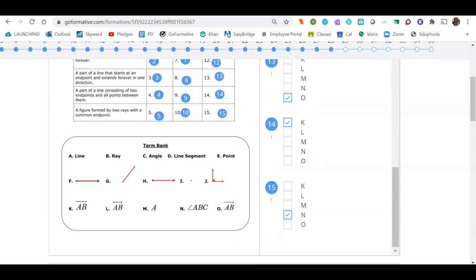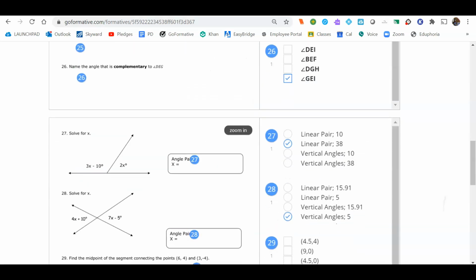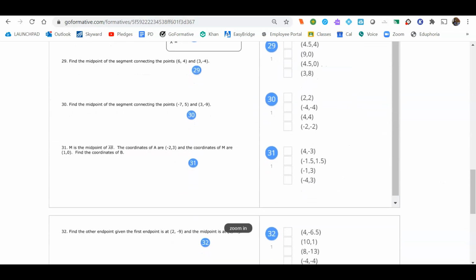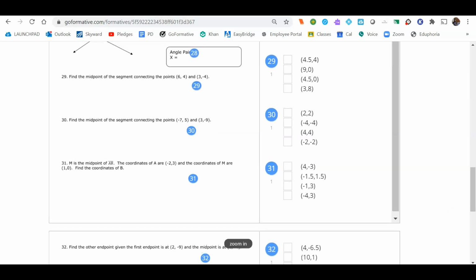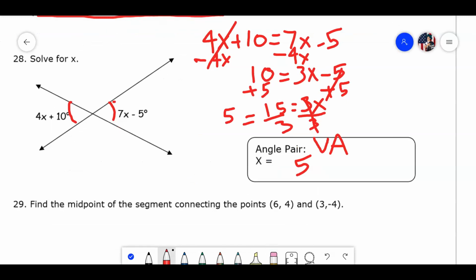All right, let's work on number 29. Now we're talking about midpoint. So let's talk about midpoint on number 29.